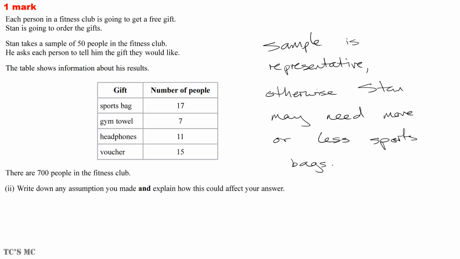So our assumption is sample is representative. That is the key word. Our explanation is otherwise Stan may need more or less sports bags.